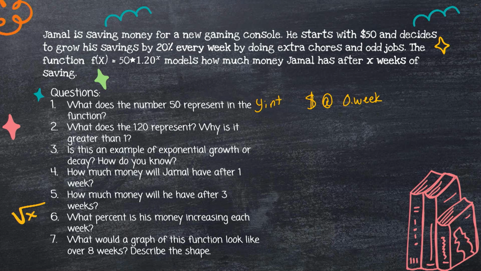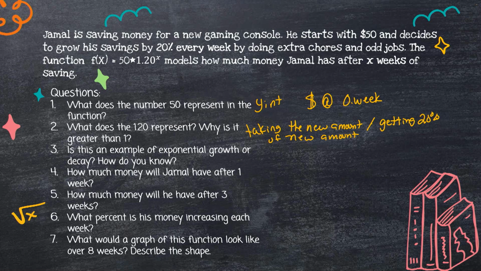Well, we just said we are taking the new amount and we're getting 20% of the new amount. And that's why it is over 1, because we're taking the whole and putting 20% more with it.